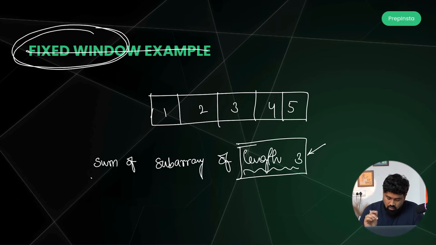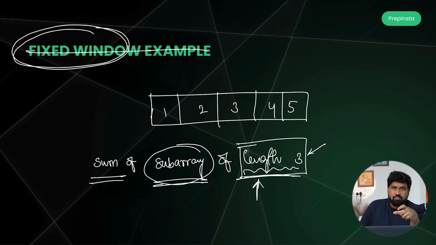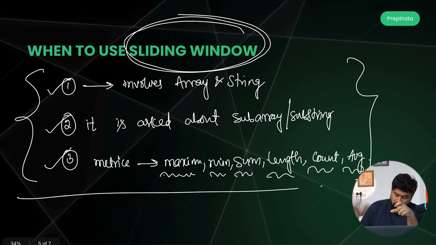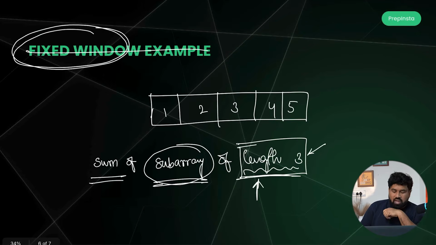The problem is related to an array, they ask about a subarray, and they ask for the sum based on the length. So all 3 key points matched, and I have to choose the fixed sliding window. First I will tell you simply how it operates, then we will go to the problem.